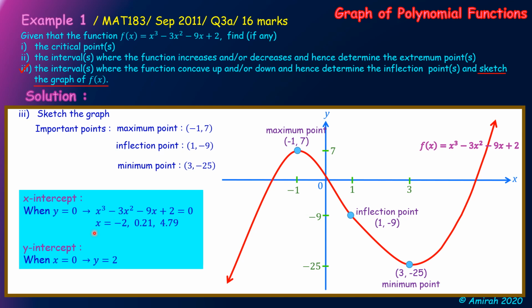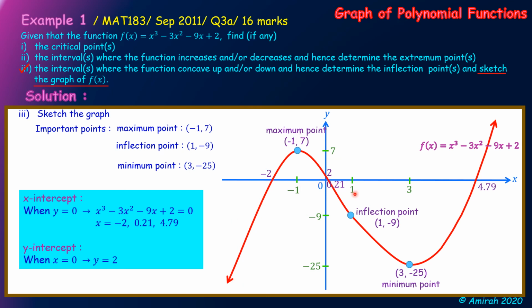So we get 3 values: x equals -2, x equals 0.21, and x equals 4.79. For the y-intercept, we set x equals 0 and substitute into f(x). So we get y equals 2, and this is our y-intercept.